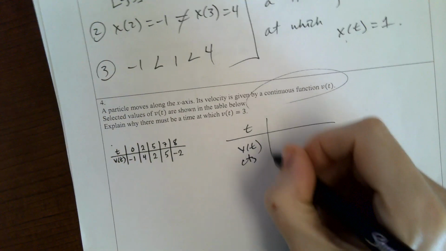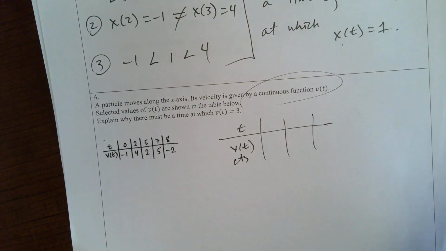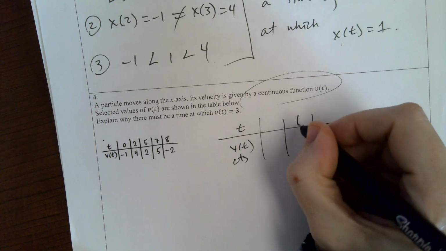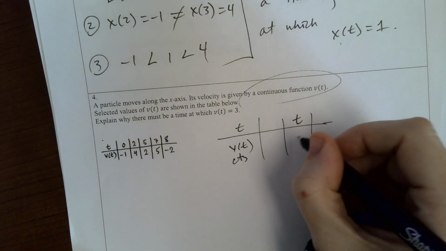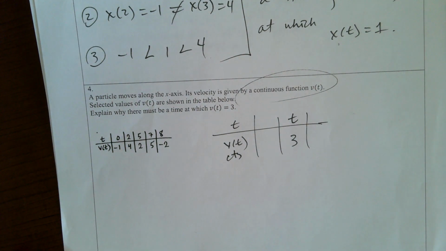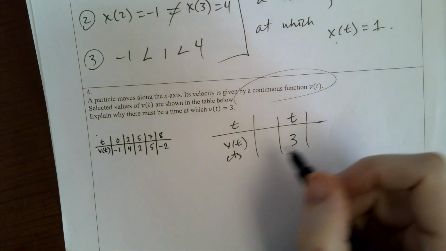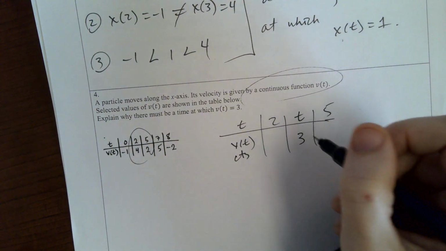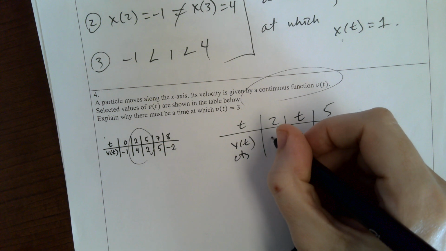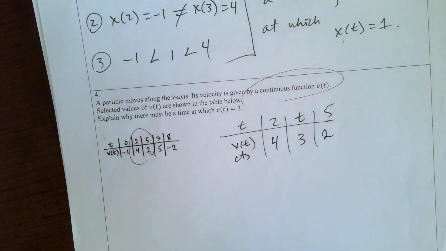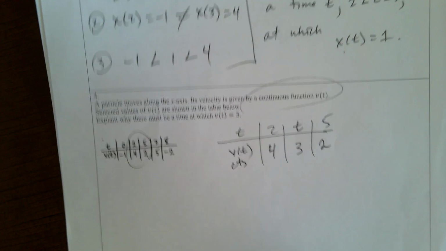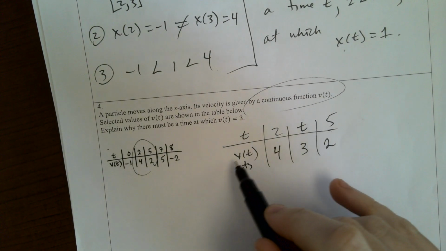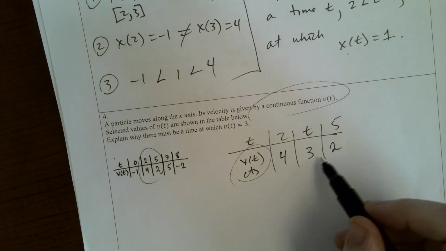I know that V is continuous, and I want this time t to exist where the velocity is 3. And I'm using 2 to 5, so 2 to 5, 4 and 2. Okay, so this function is continuous.